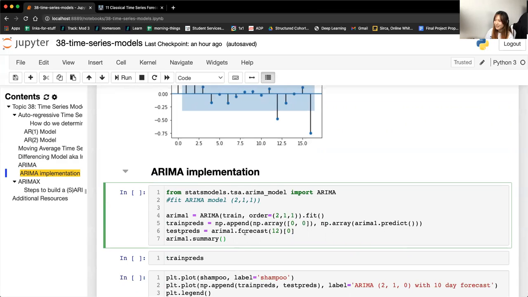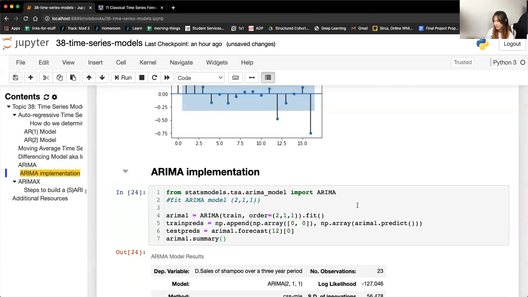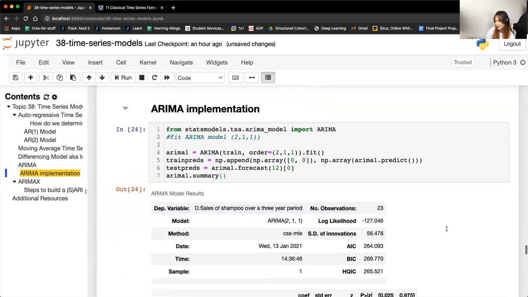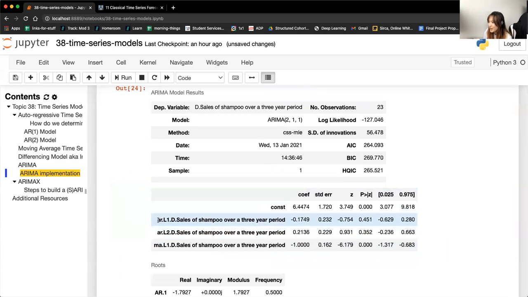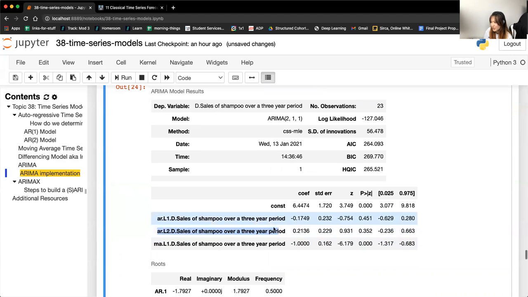Same procedure. You can see that I'm doing the dot fit here. I'm really just doing this for the plotting because I want to include 2 terms to begin with. In the graph, I'll show you why in a little bit. But what I wanted to show you in this dot summary page is that we have the 2 autoregressive terms with our coefficients, as well as a moving average term.